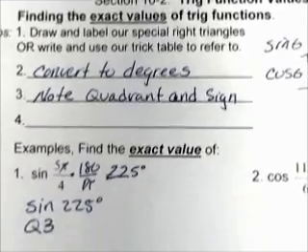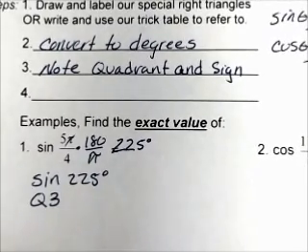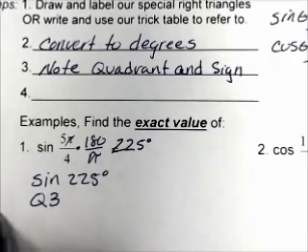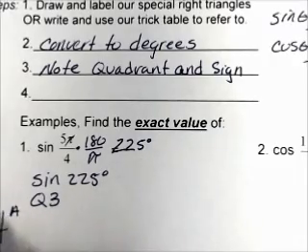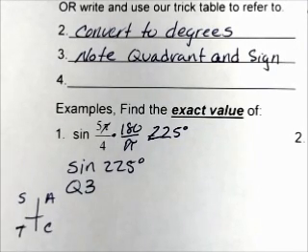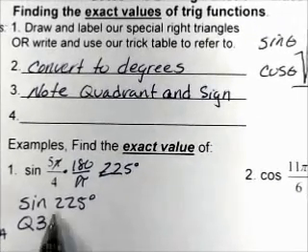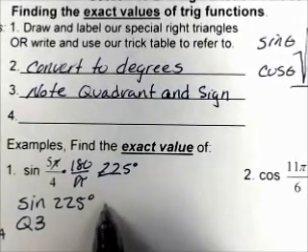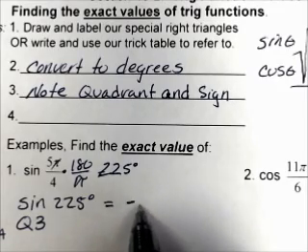Quadrant 3. And using all students take chemistry, an angle in quadrant 3 has a sine value that is negative. So the sine of 225 is going to equal negative sine.